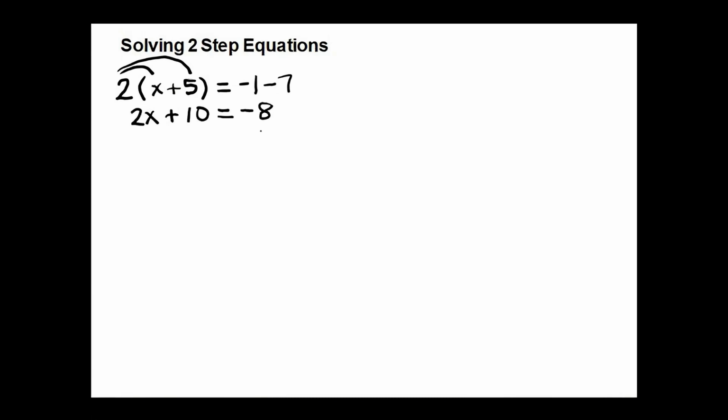And now we have a two-step equation to solve. So we're going to go on this side with the x, and first we'll take off the 10. It's added, so we're going to subtract it from both sides.